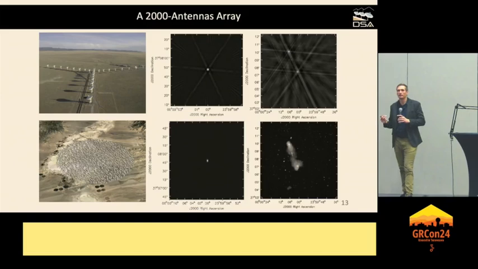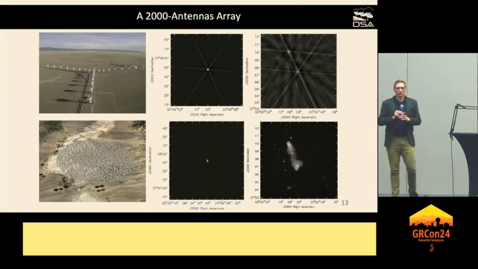We're trying to build a radio camera, a camera that in real time produces an image of the sky that is of scientific relevance. One advantage of having 2,000 antennas is what we see on top: the Very Large Array, 27 antennas in a Y formation.